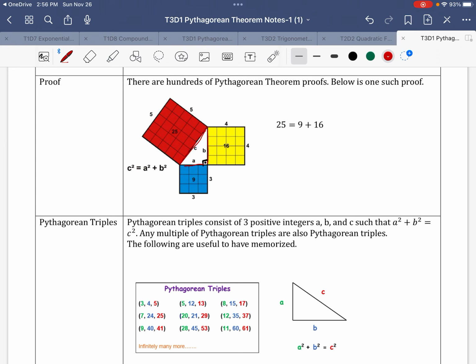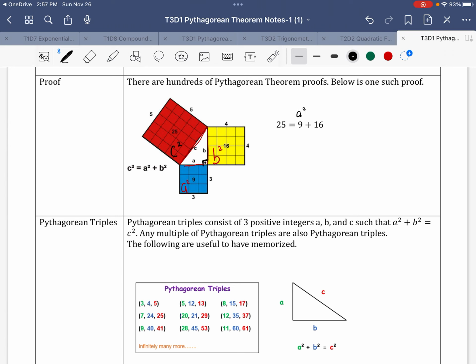Now you'll see that each of those sides has a square coming out of it. This represents a squared, b squared, and c squared. Since a is 3, we know that a squared is 9.